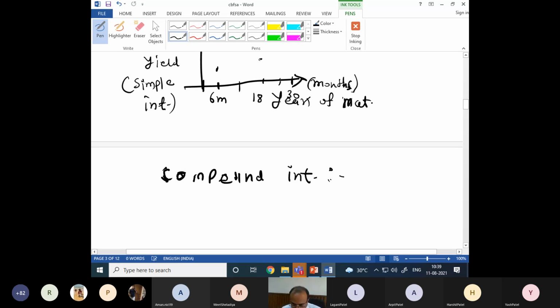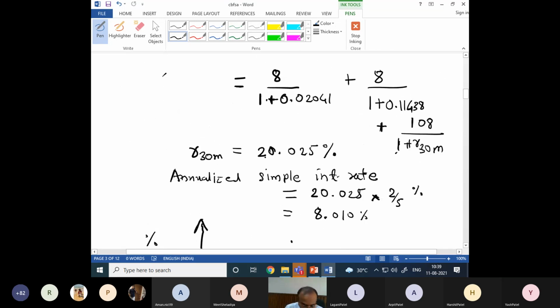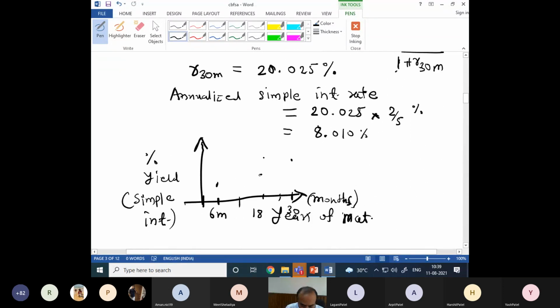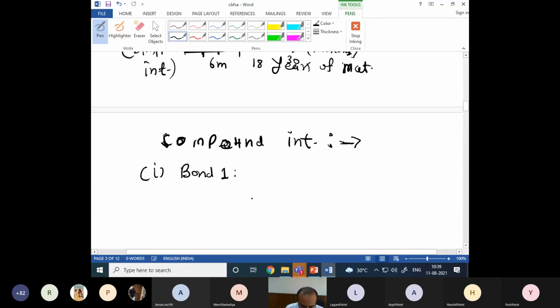So for the first bond, how do we calculate the compound interest rate? Can anybody tell me? We have R 6 months available. We have its annual value available. And I want to know what is the compound interest rate.